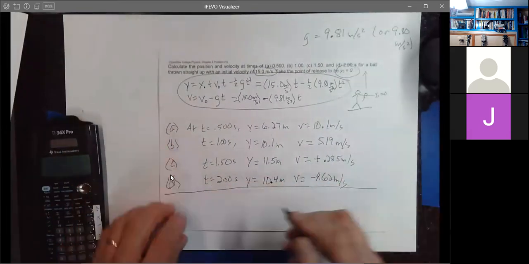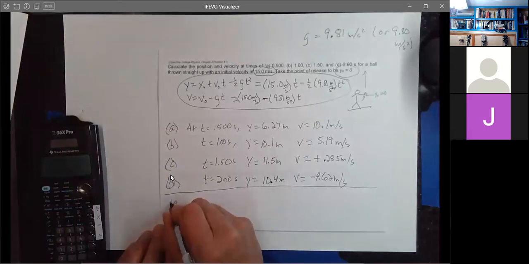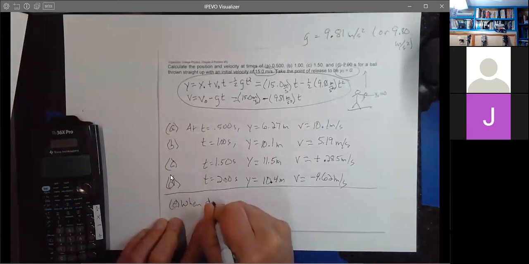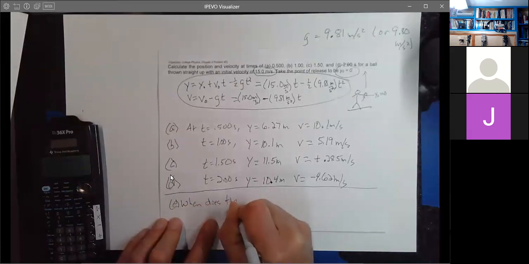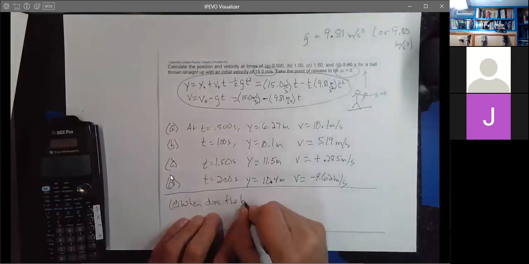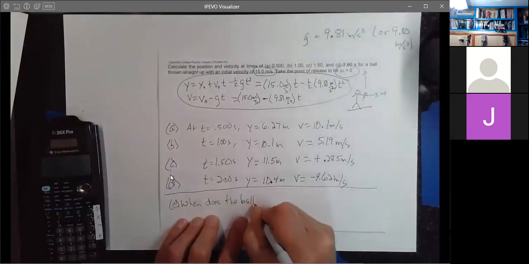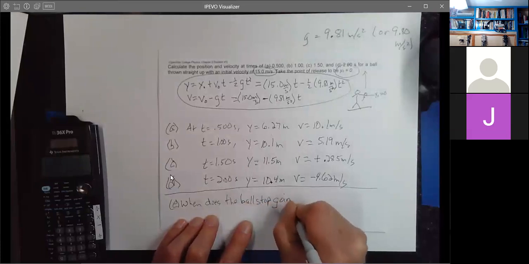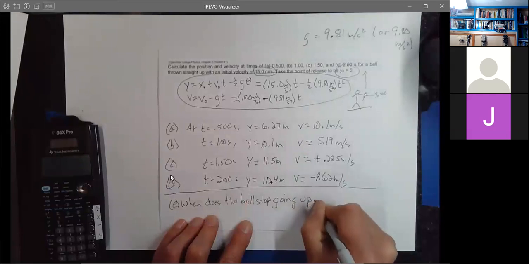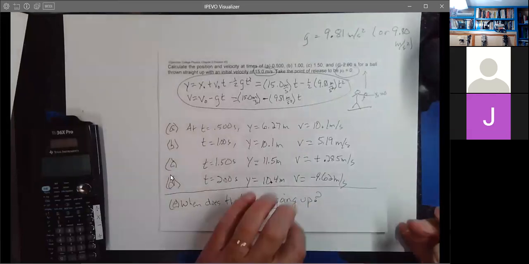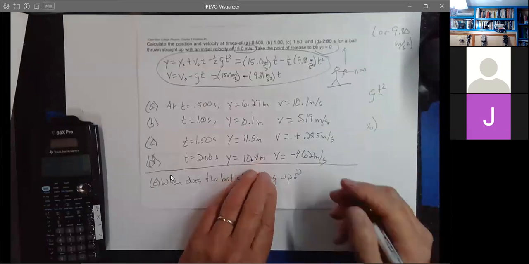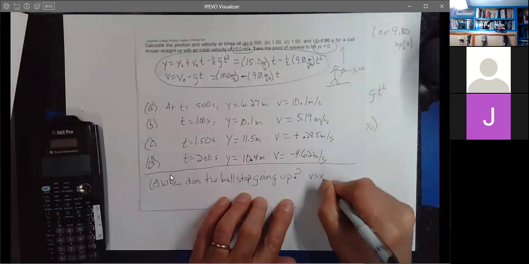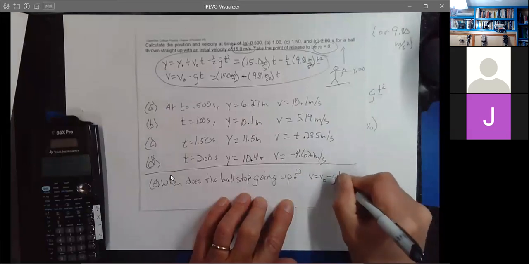Right here, I'm going to say part E. When does the ball stop going up? Okay, we can actually figure that out if we look at the velocity equation. v is equal to v naught minus gt.